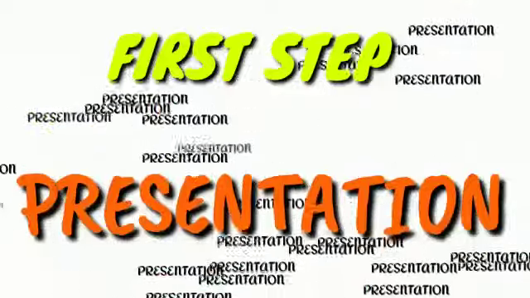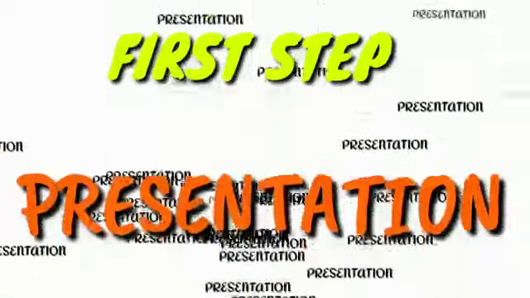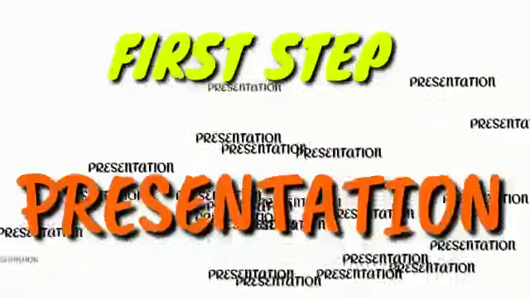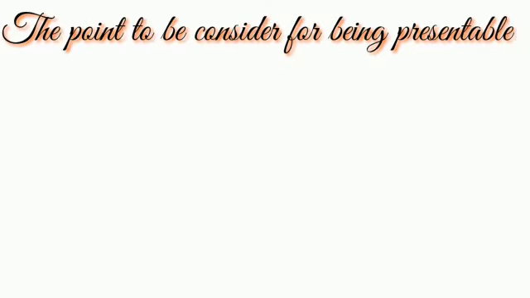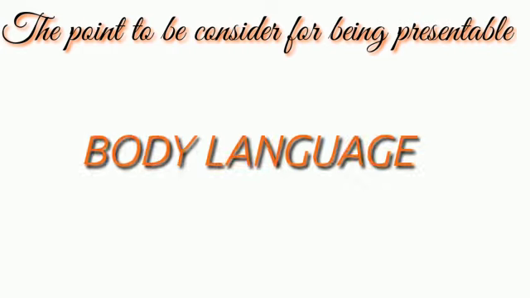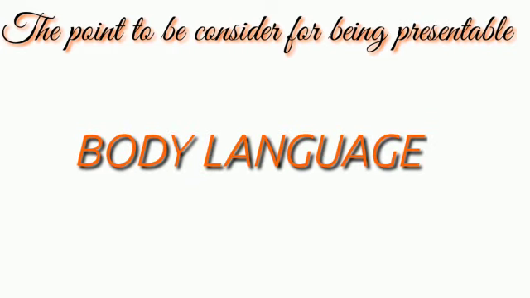Under this step, the sender should send the message in a very presentable manner. The point to be considered for being presentable is body language, which is the very first point of presentation. While communicating, one should use body language and that too in a very appropriate manner.